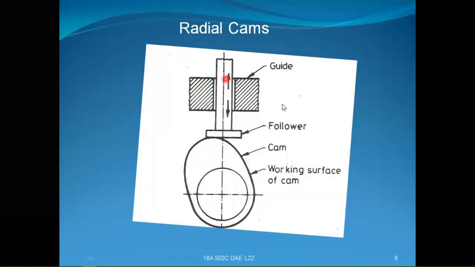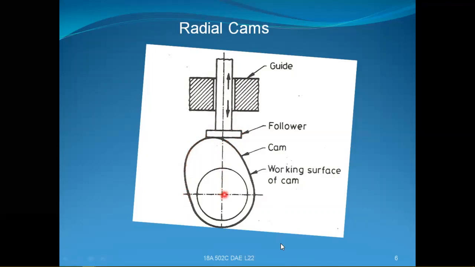Here is the follower, which has a flat surface, and it may be either the knife edged follower or the roller follower, or, as shown in this figure, the flat follower also. The motion of the follower does not depend on whether it is knife edged, roller or flat follower, but mainly on the shape of the cam.